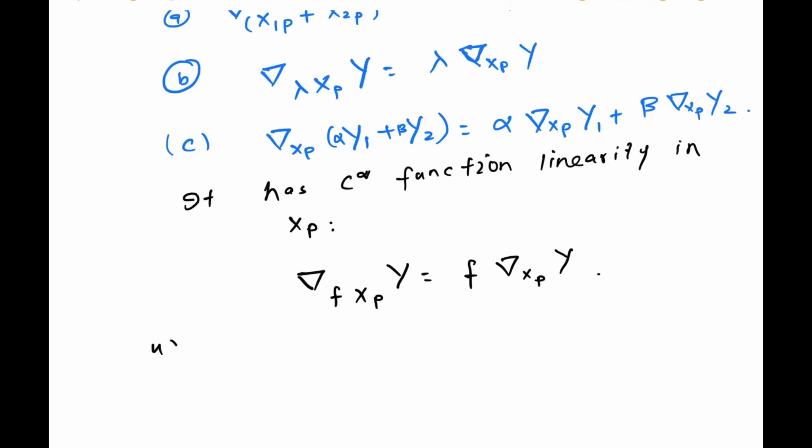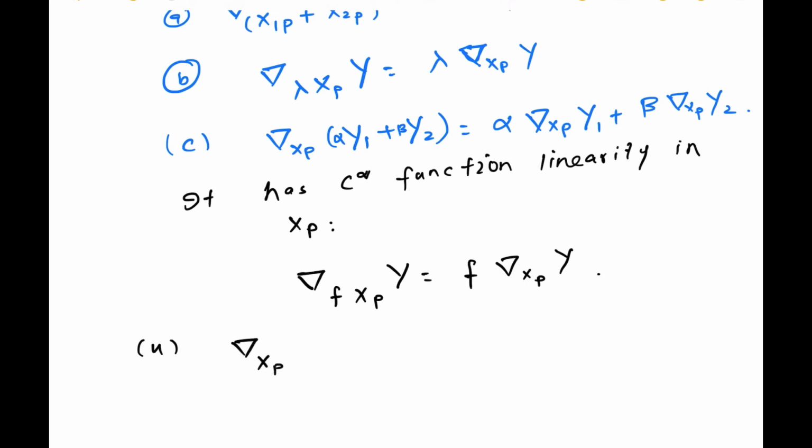Okay, what is the fourth property? You can very easily verify this. It is not linear with functions along the y argument.